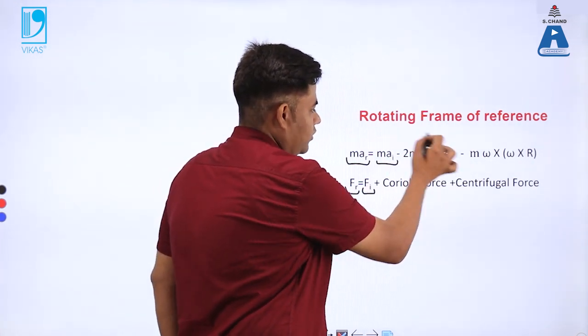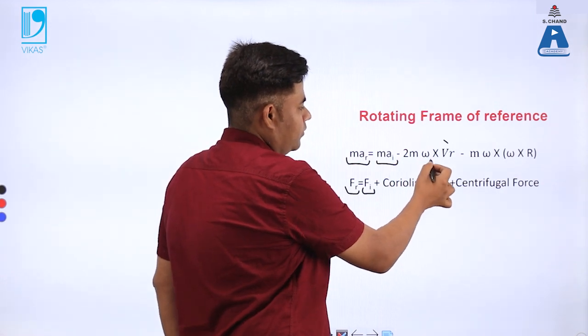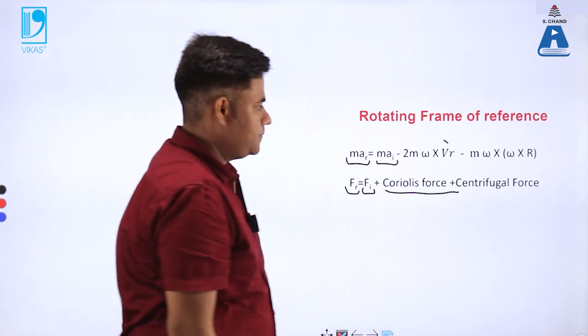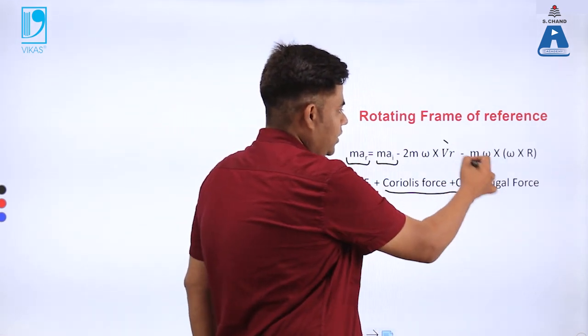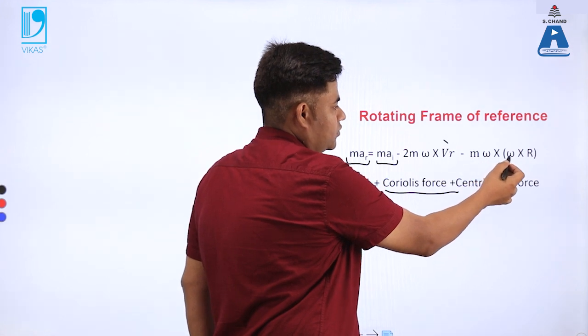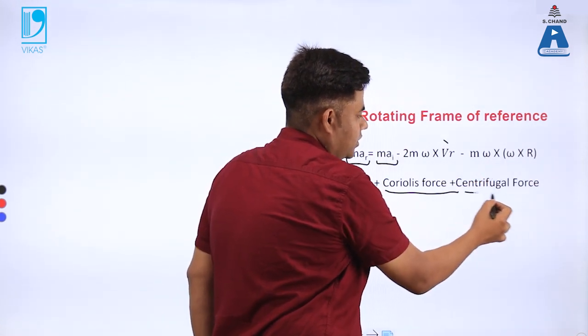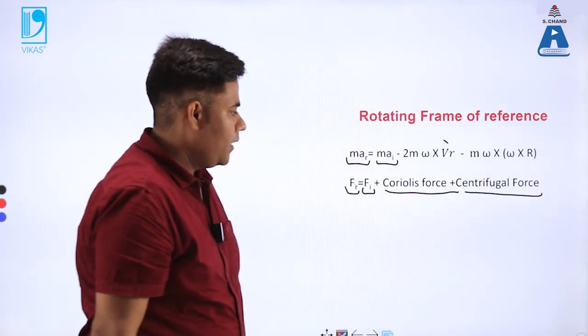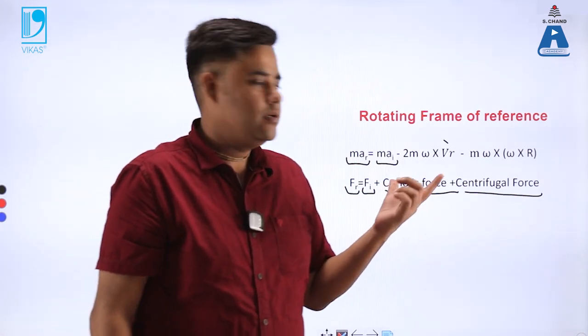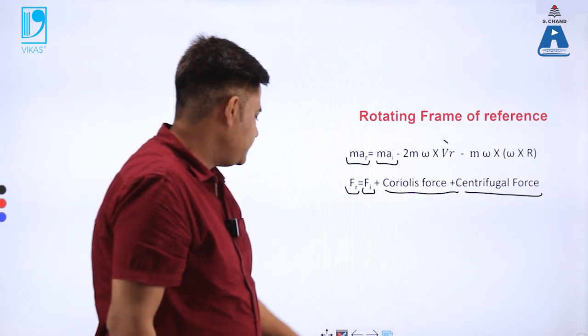This particular value of the force, which is minus 2m omega cross v_r, is called the Coriolis force, and another expression, minus m omega cross omega cross r, is termed as the centrifugal force. So we will be discussing shortly these centrifugal forces and Coriolis forces.